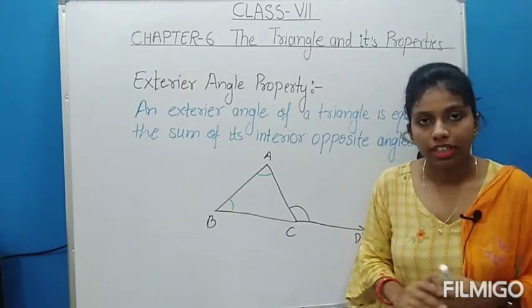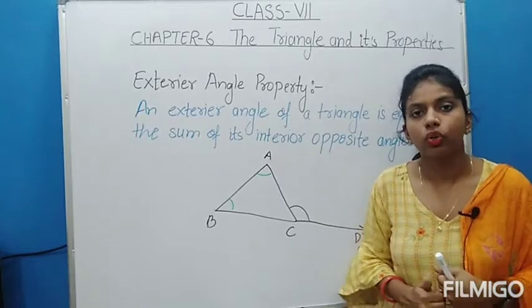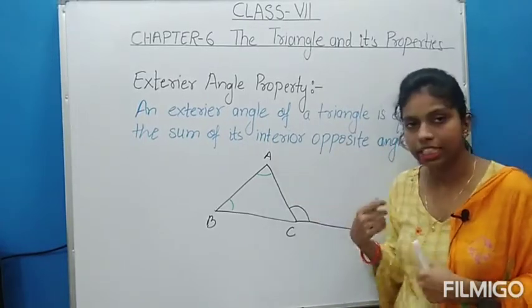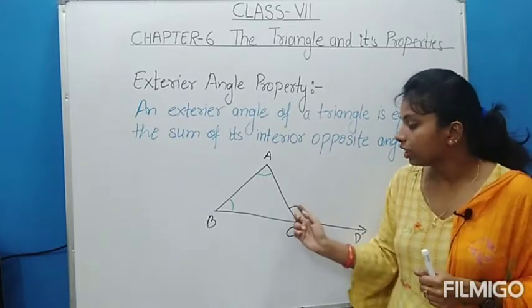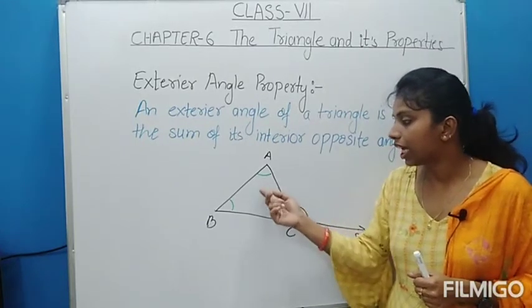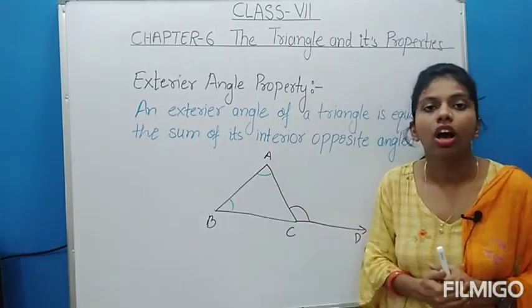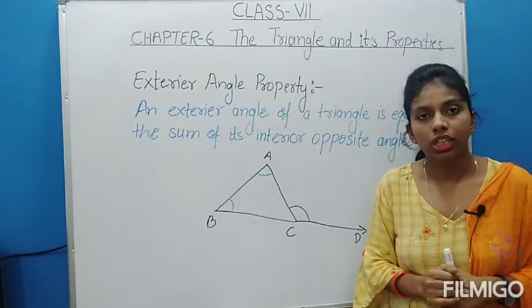So we already know what an exterior angle is: angle ACD is the exterior angle, and the angles opposite to it inside the triangle, angle A and B, are the interior opposite angles.